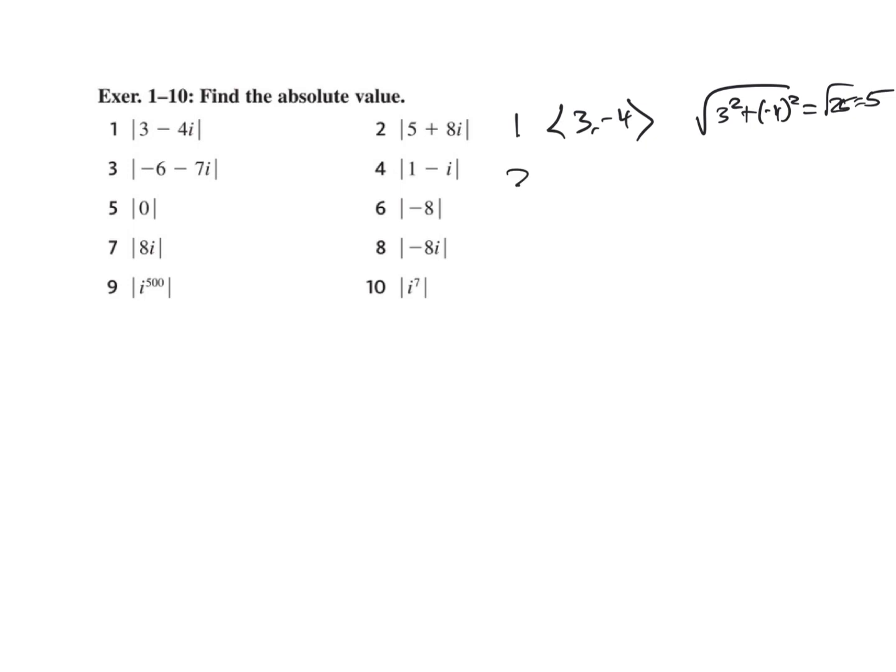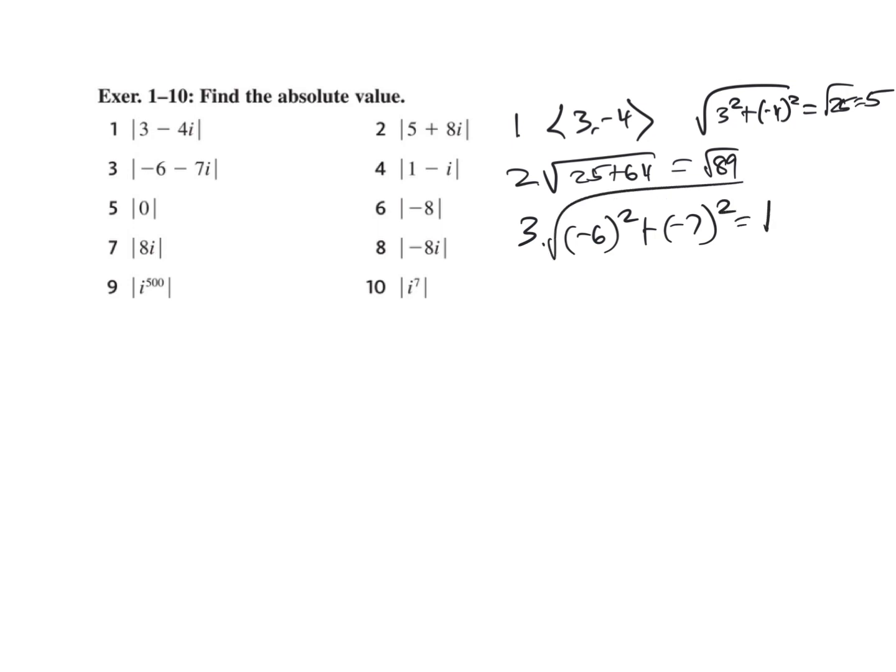All right, so number two, 25 plus 64, you square them, take the square root. So that's 89, square root of 89. Okay, number three is negative 6 squared plus negative 7 squared. Take the square root, that's 36 plus 49, that's 85, square root of 85.